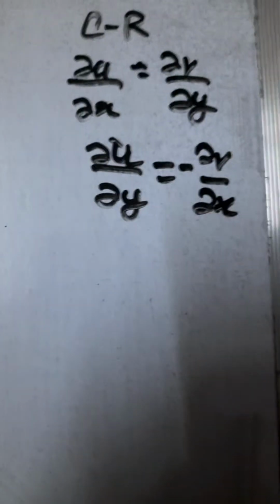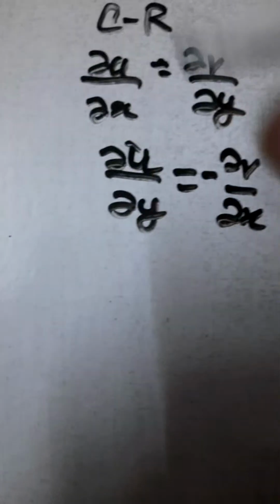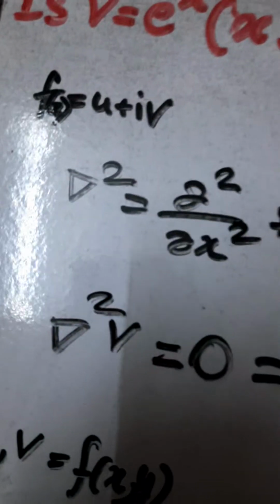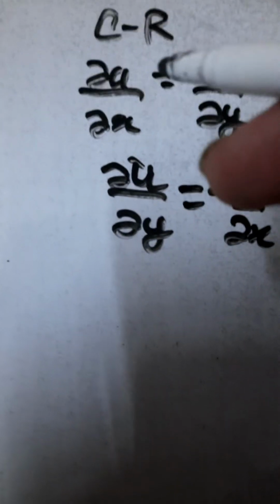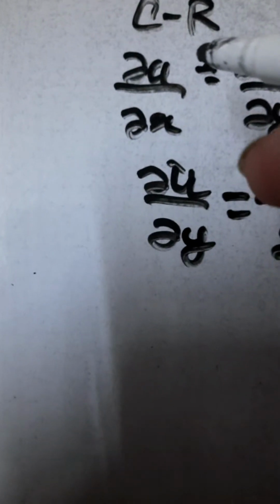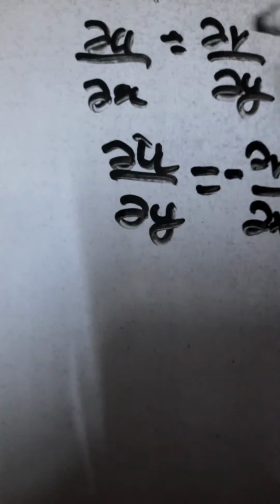Here we go. So what did I do? This needs actually v. Okay, I told you f of z equals u plus iv. There are two functions. Now we have to build a relation between u and v.